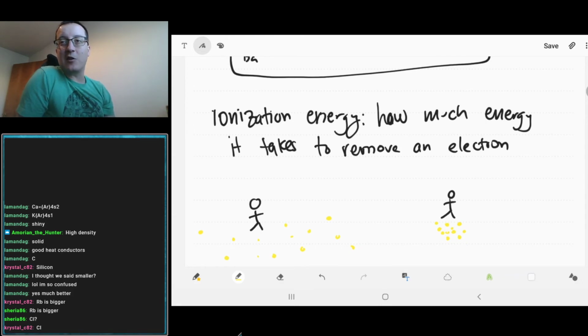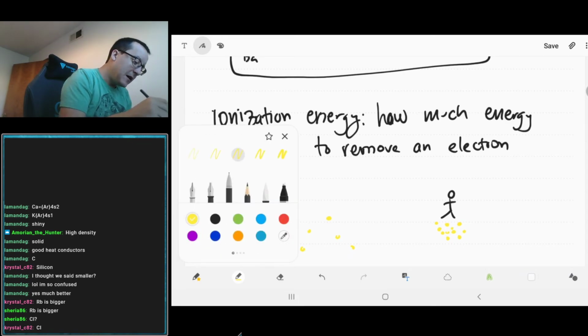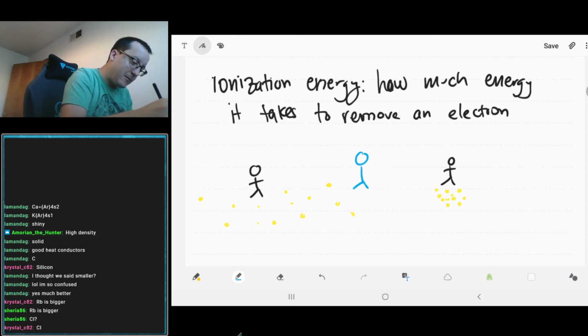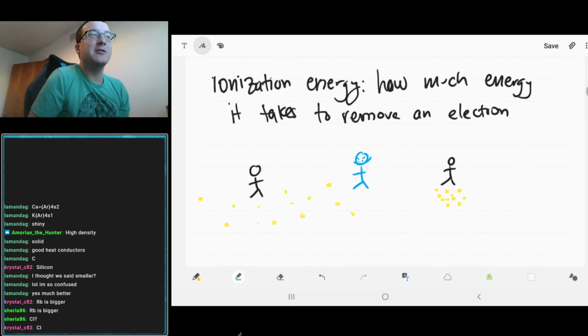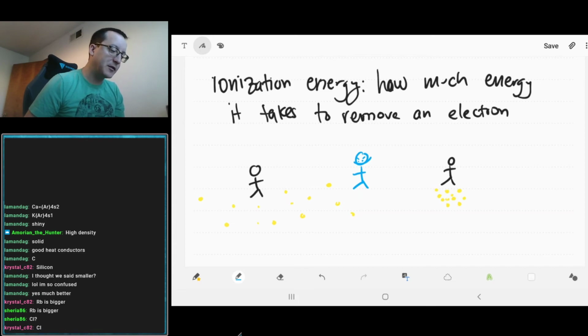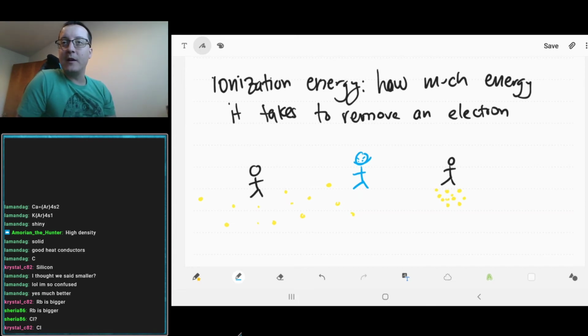I wanted them to be like coins because here comes a burglar. He is evil, and he is coming to steal electrons from these poor, unsuspecting people. And so, our burglar here has two options. Okay, I should not have given him a gender, but whatever. It's a guy. He's coming to steal things.